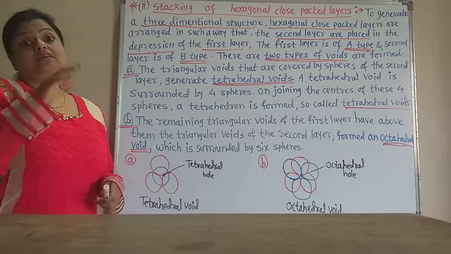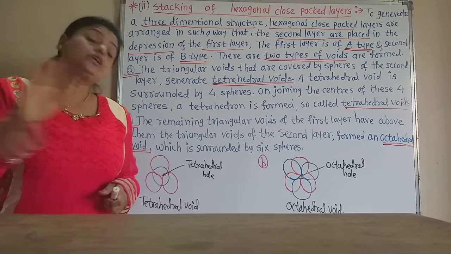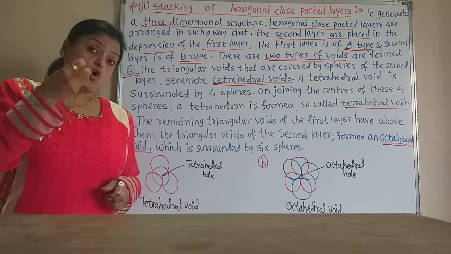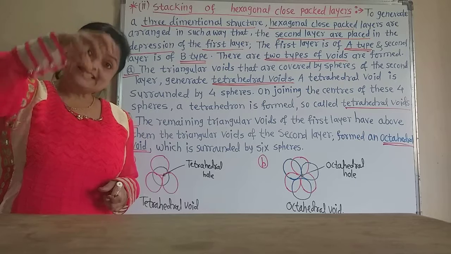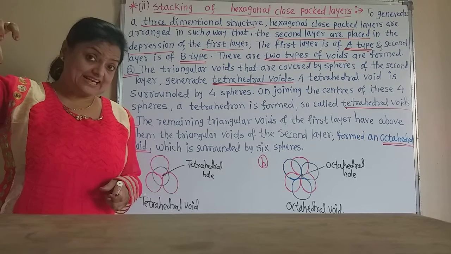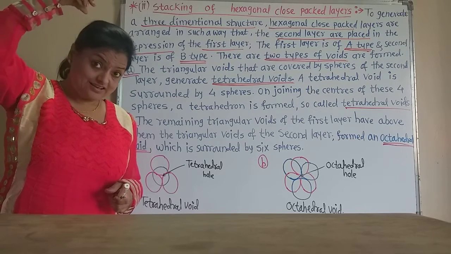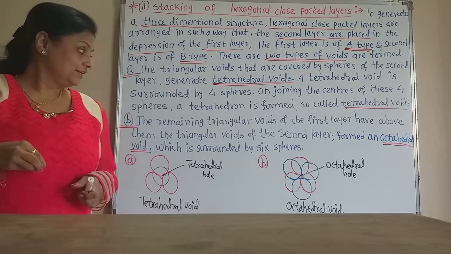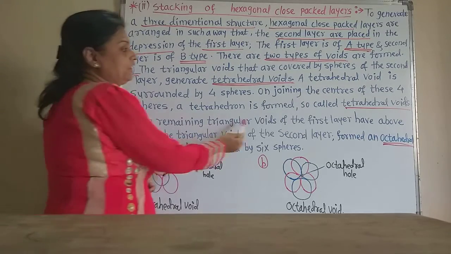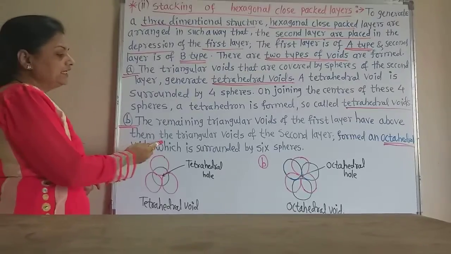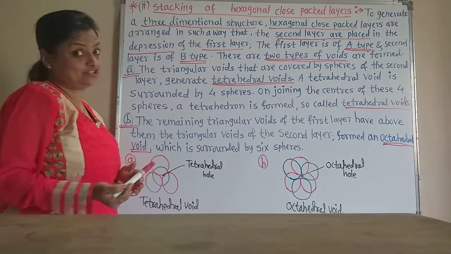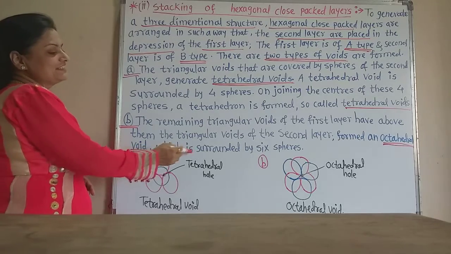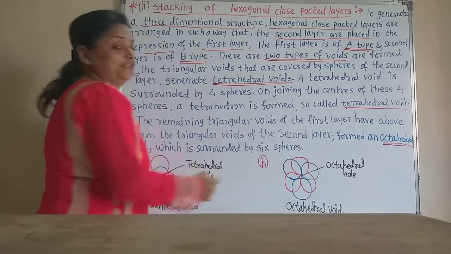That means the remaining triangular voids which are not covered by the spheres of the second layer remain as they are, but the second layer is arranged in such a way that its voids are exactly over the remaining triangular voids. Due to that, the remaining triangular voids of the first layer, with the triangular voids of the second layer above them, form an octahedral void, which is surrounded by six spheres as shown in the figure.